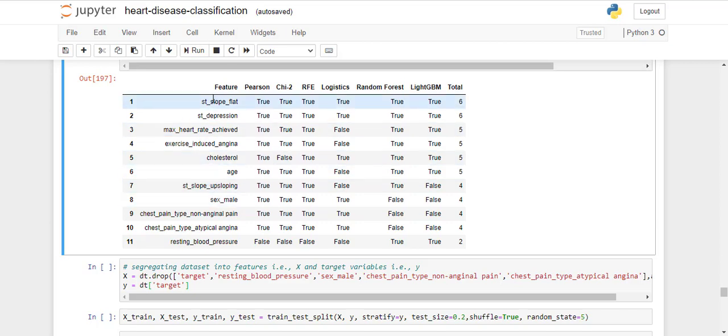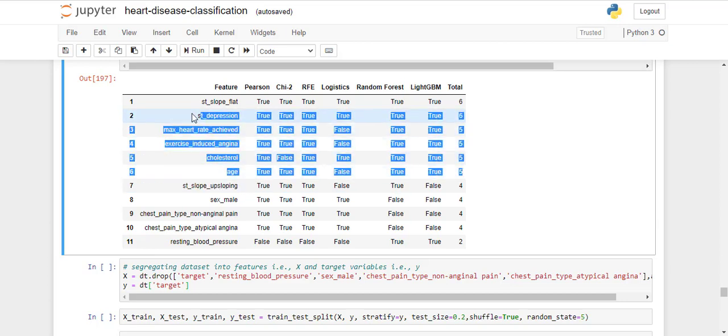So we cannot bypass ST slope upsloping. We can definitely pass sex male because it is an individual feature, but we cannot filter this because it is linked with these features. So up to this we are selecting all the features, and this one also I am selecting.